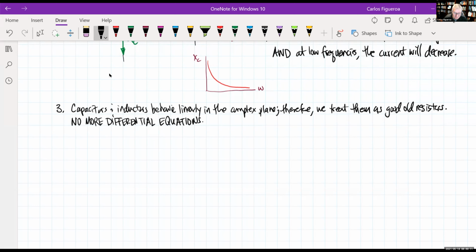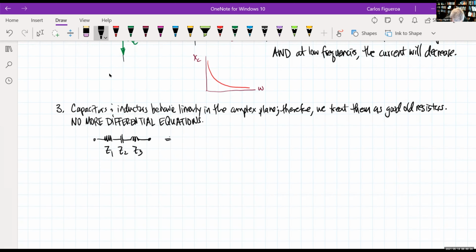That means if I see series impedance, in other words, if I have a resistor, a capacitor, and an inductor in series, I treat them as regular resistors.